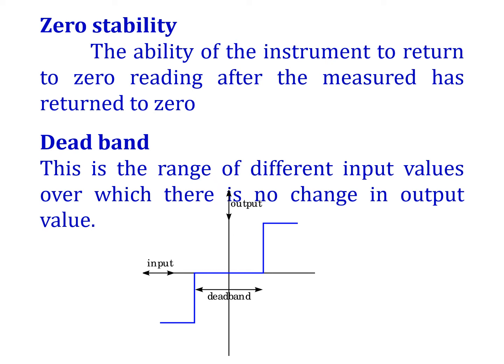That is stability. Dead band is the range of different input values over which there is no change in output value. We are giving input but there is no change in output. That is called dead band.